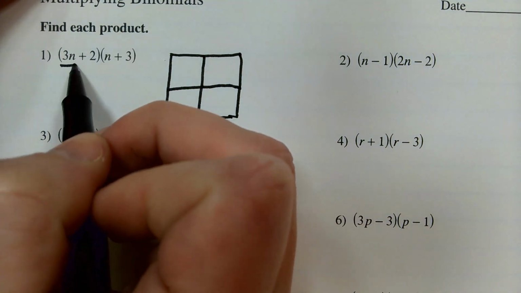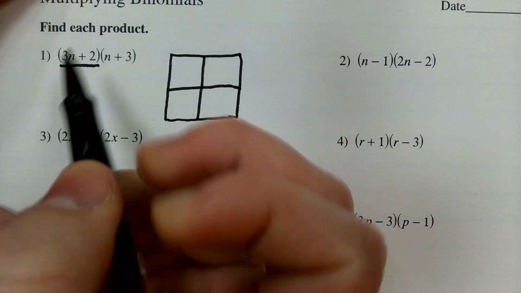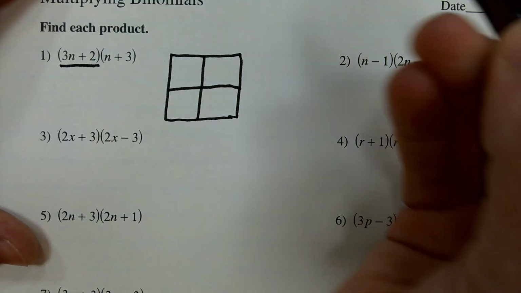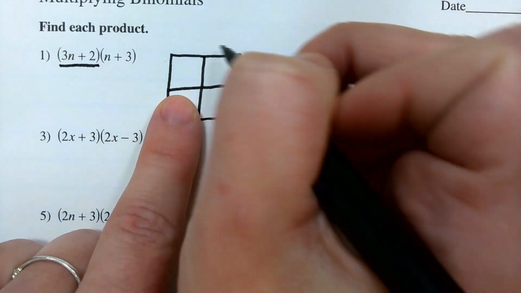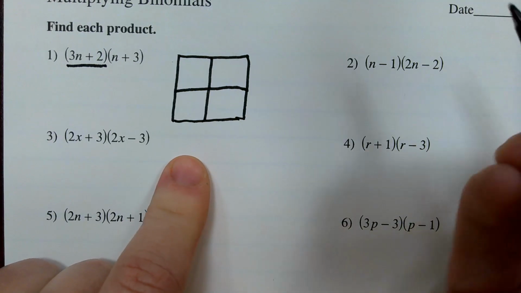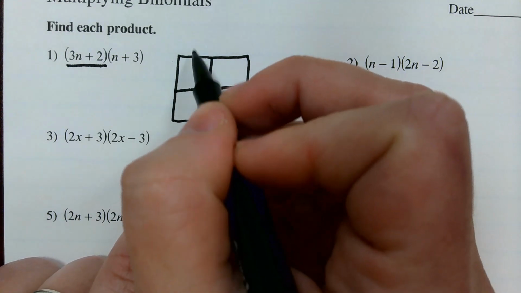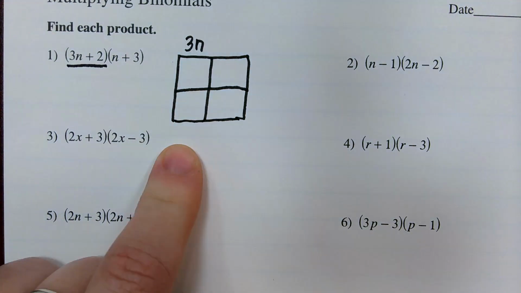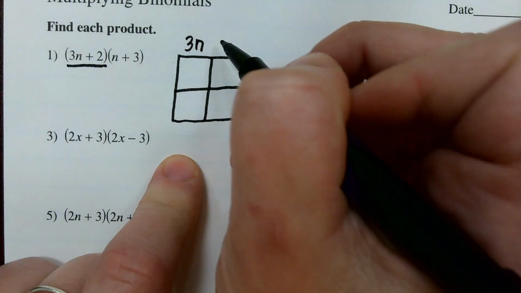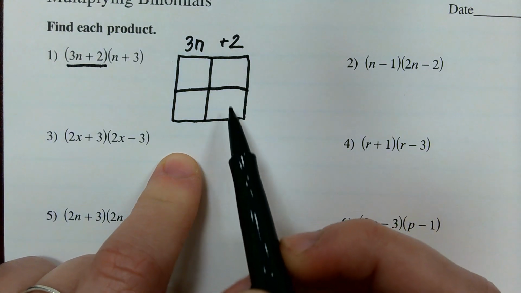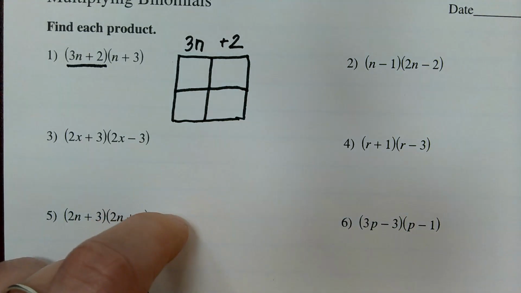We're going to take our first binomial, which is 3n plus 2. So I'm going to write that up on the top, and I want you to make sure that you line it up exactly the way I do. 3n goes by this first box, like that. Plus 2 goes above the second set of boxes, like that.